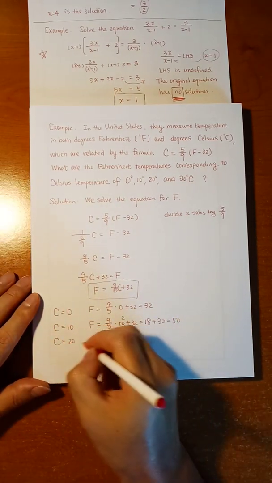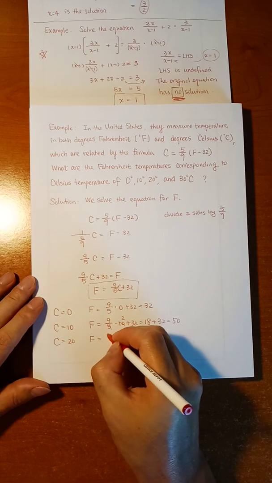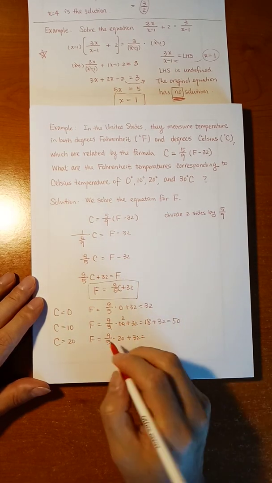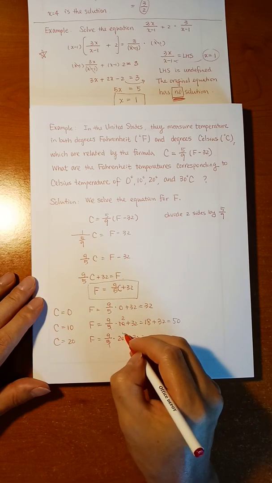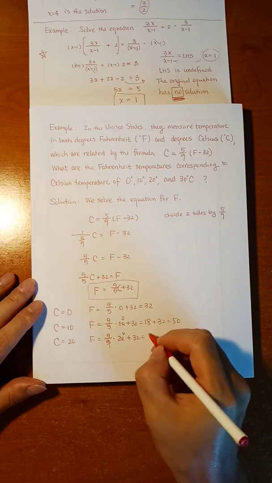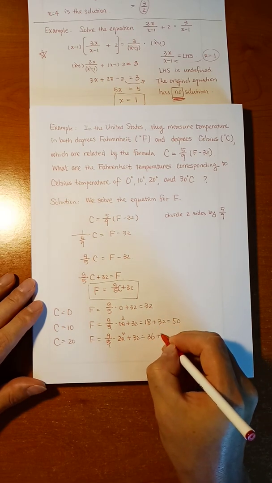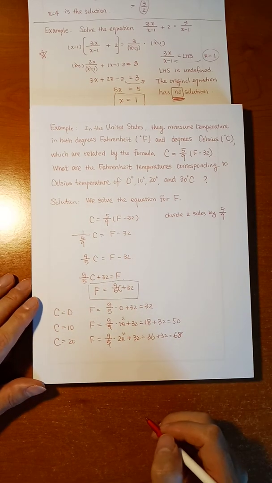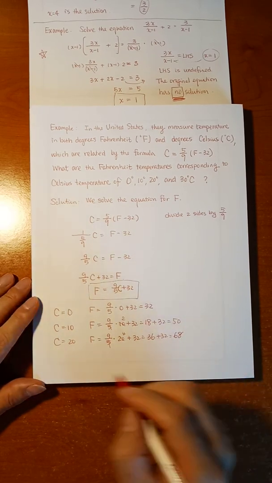When the Celsius degree is 20, Fahrenheit is 9/5 times 20 plus 32. So 5 cancels with the 5 from 20, you get 4. 4 times 9 is 36, plus 32 is 68. So the Fahrenheit degree is 68.